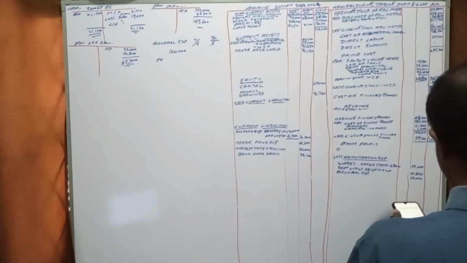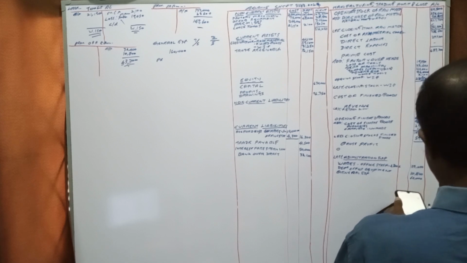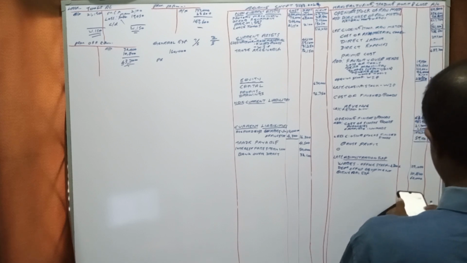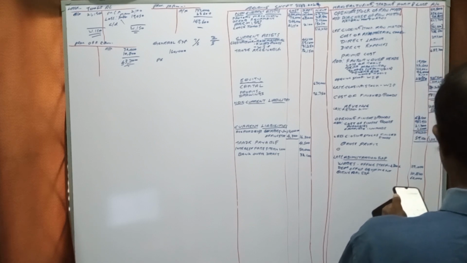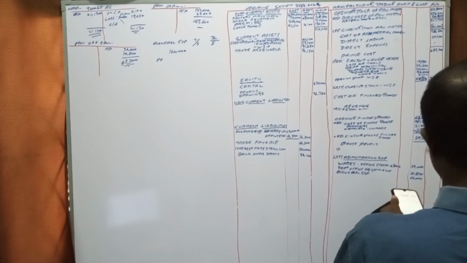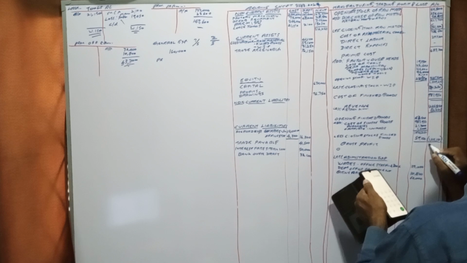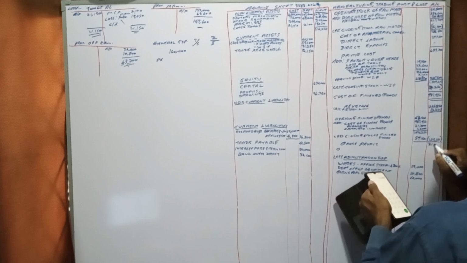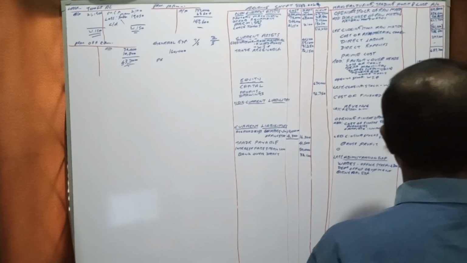Here they say 1,246,850 minus 12,250, 1,234,600 minus 1,015,150 means 219,450, right?